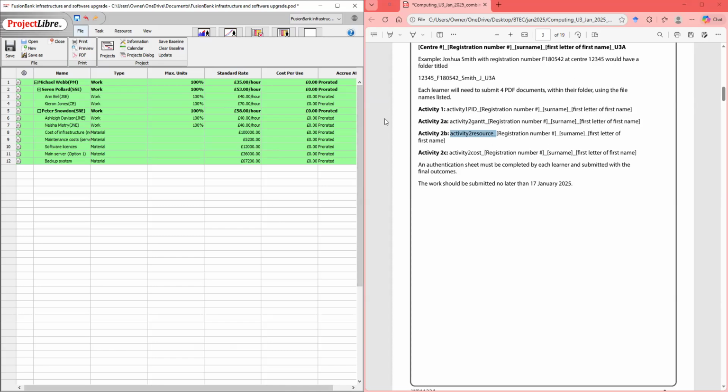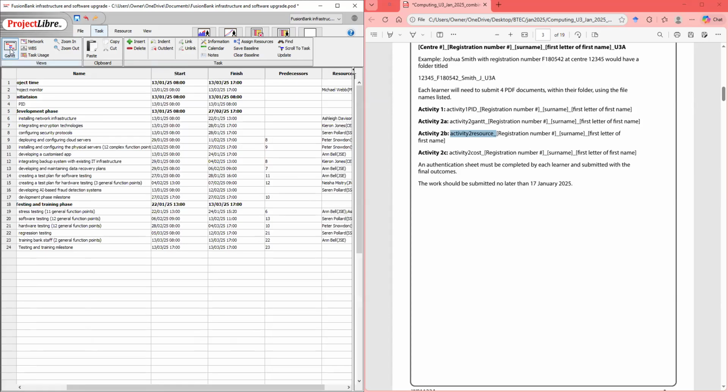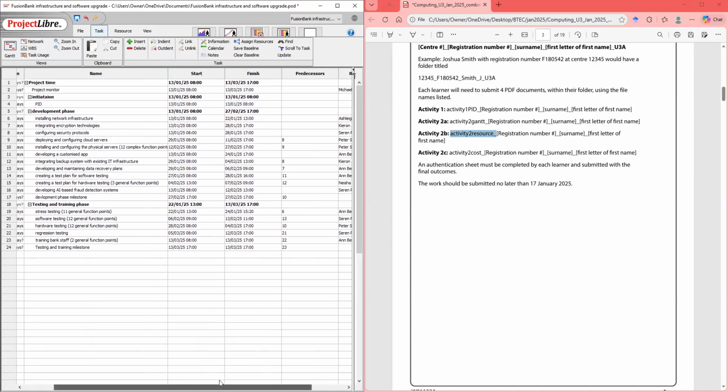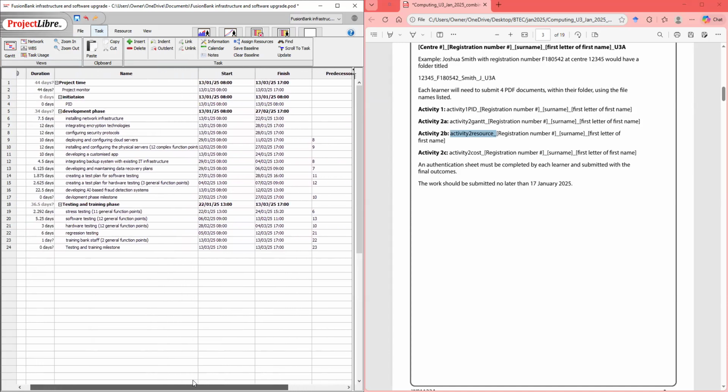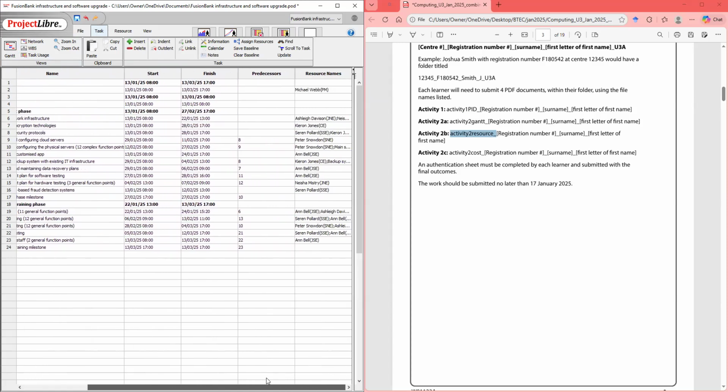Now we need to save the Gantt chart. So we're going to go back to Task, Gantt chart. Okay, so we need predecessors, we need duration.